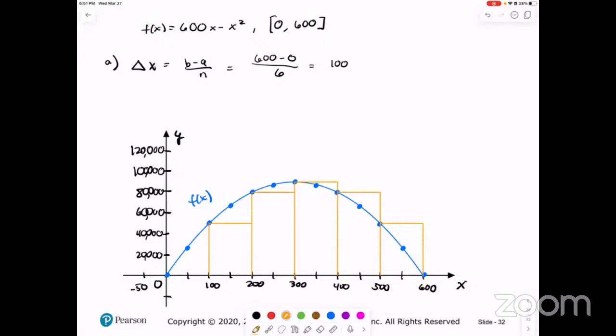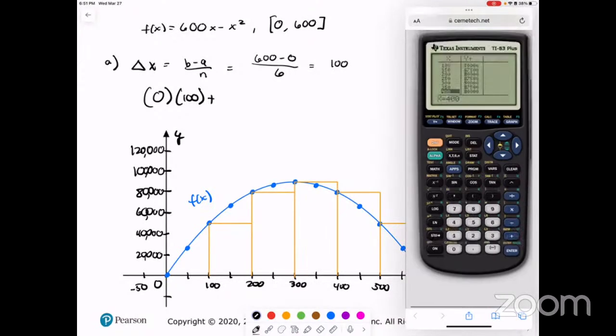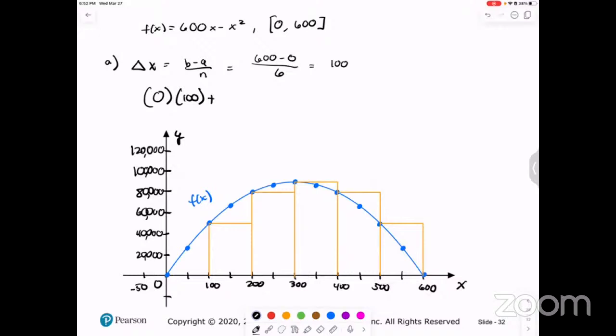The first height is 0, so we're going to say 0 times 100 plus. The next height, when x is 100, so when x was 100, we're at 50,000. And so the height is 50, the width is still 100. So they should all have a width of 100.